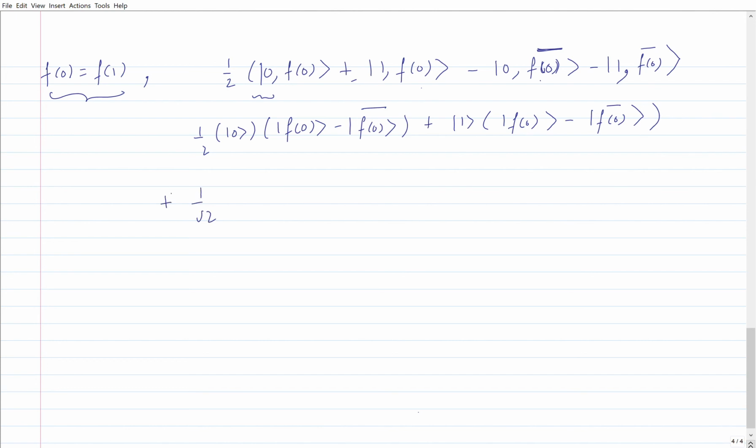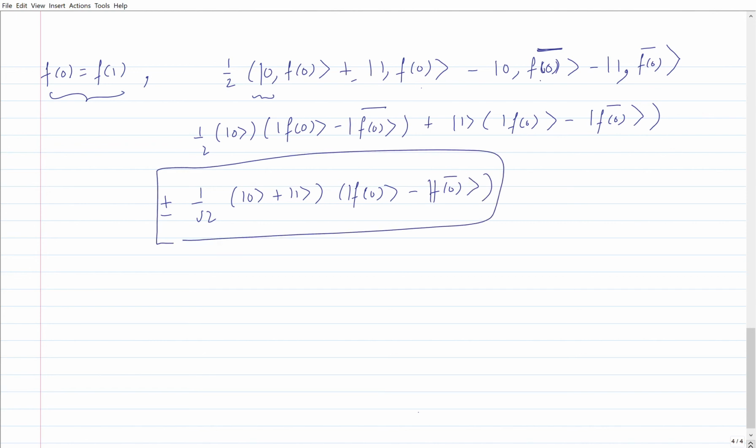I have plus minus 0 plus 1 and f0 minus f0 bar. That's what my state psi2 evaluates to.